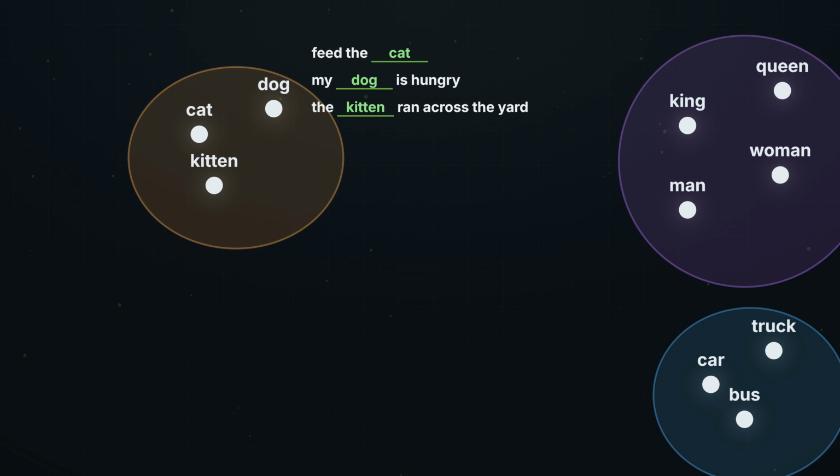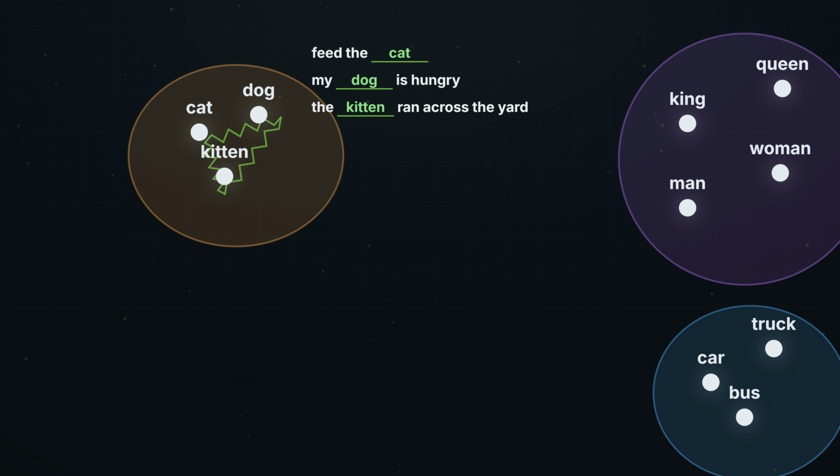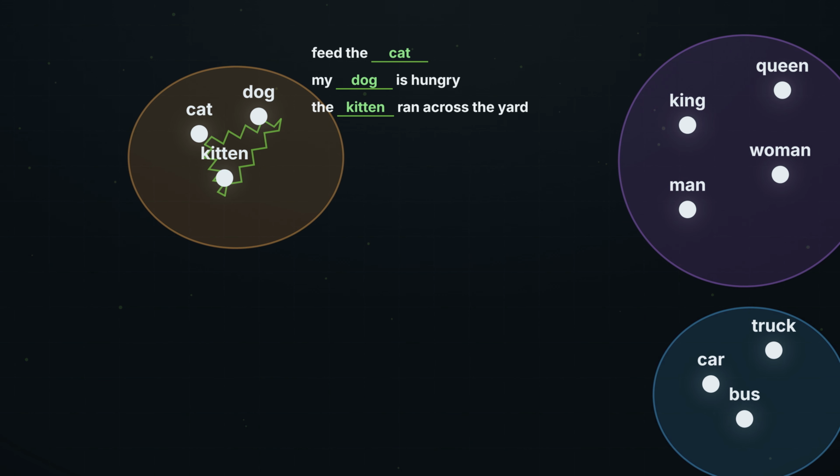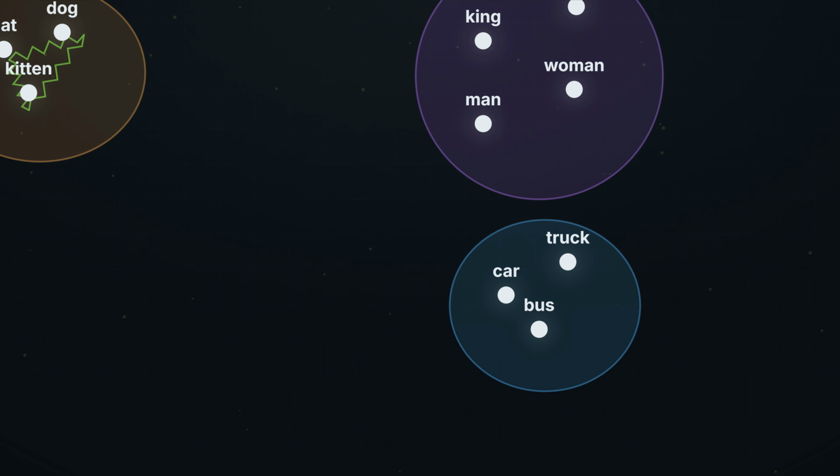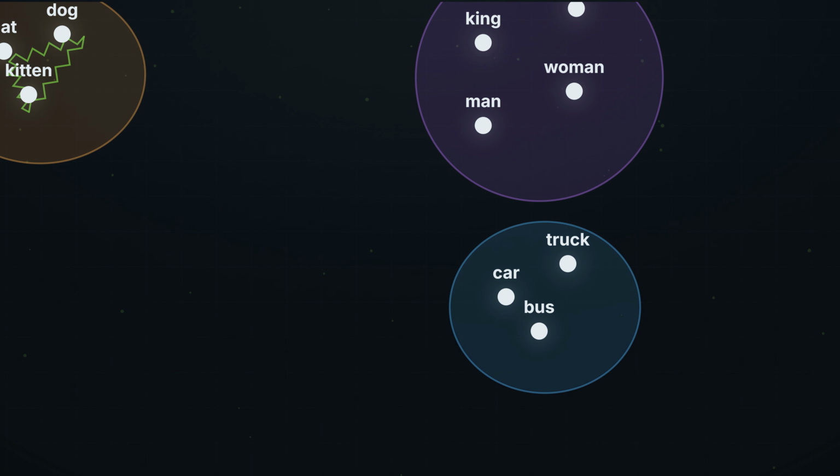But why does the model put cat next to dog and not next to car? It's not magic, and nobody hand-placed this. The model learns it from enormous amounts of text. It notices that cat and dog show up in the same kinds of sentences. Feed the blank, my blank is hungry, the blank ran across the yard. Same slots, same kinds of words. Car and truck live in completely different sentences.